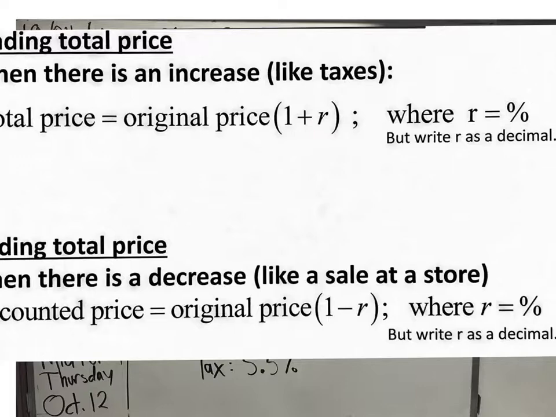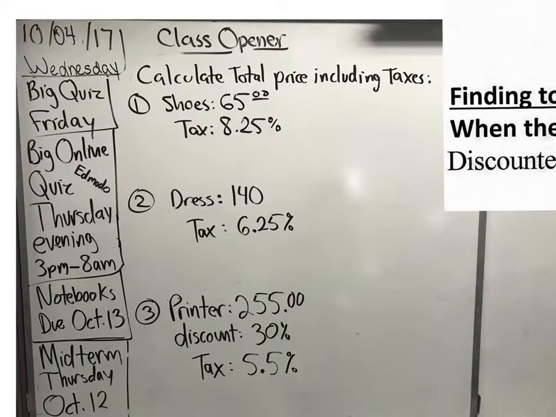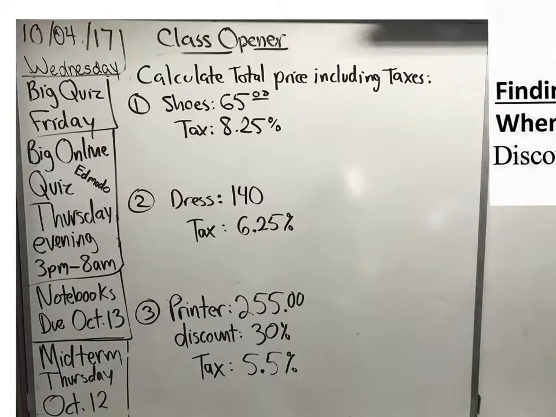Okay, so let's go back to the board, and again I'm going to do original, which is 65 times 1 plus 0.0825. Whatever taxes you have, percent means divided by 100, so you're going to move it over 2 spaces this way. So it's 0.0825. There it is. And I want to put parentheses on it.